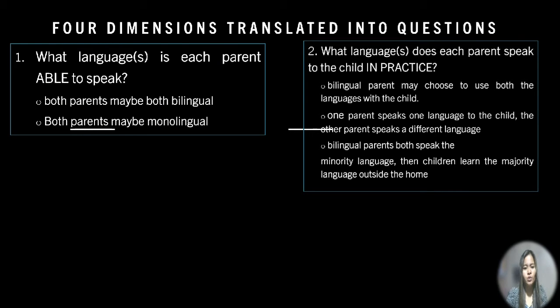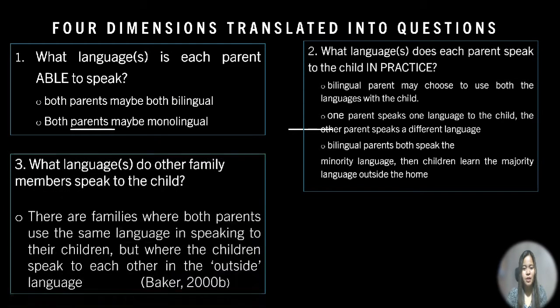According to my reference book, for example, a mother may use both English and Spanish with a child, or one parent speaks one language to the child and the other parent speaks a different language. For example, the mother may speak Spanish to the child and the father English.